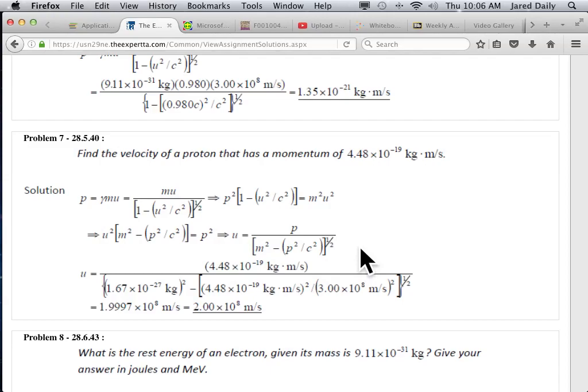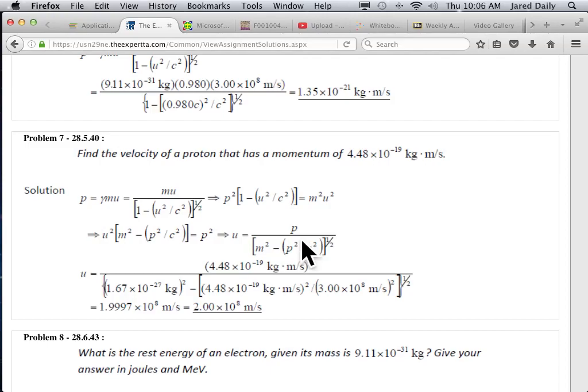They did it slightly differently, but it all comes out the same way. In the end, you get, let's see, they're missing something here. I think they did it wrong anyway.